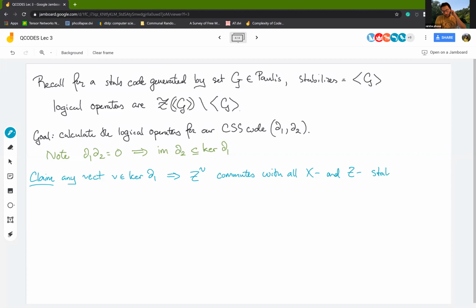So I'm going to find something which is certainly going to be in the commutant, but I'm not claiming that it's necessarily outside of G.